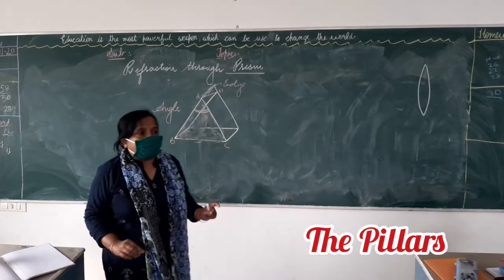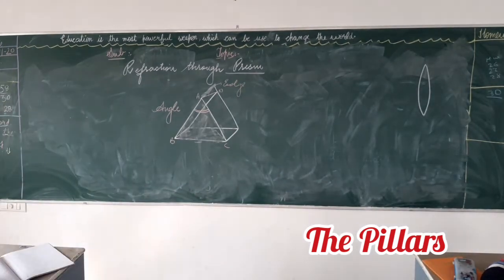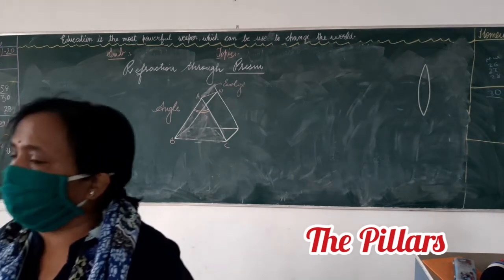You draw this and write. A prism is a. Please close the book. There is no need of this.